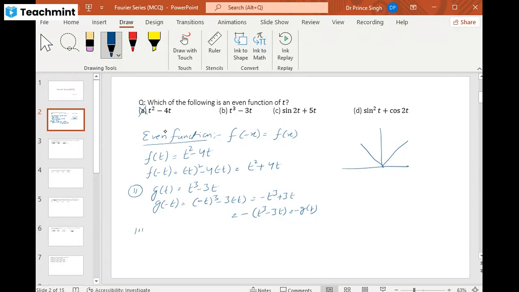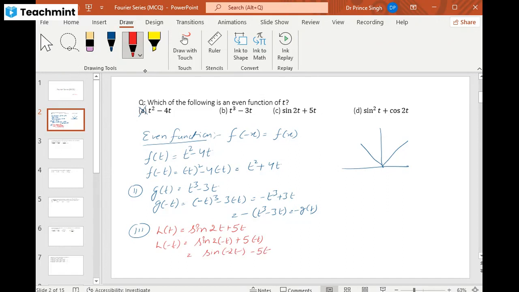Now let us check the third one. The third function is sine of 2t plus 5t. Let us suppose I am considering this function as h of t is equal to sine of 2t plus 5t. If I replace t with minus t, this is sine of 2 times minus t plus 5 times minus t. So this is sine of minus 2t minus 5t.